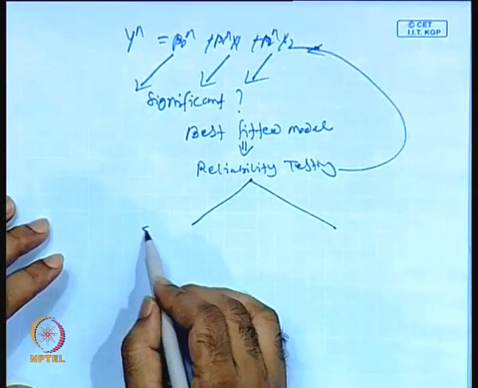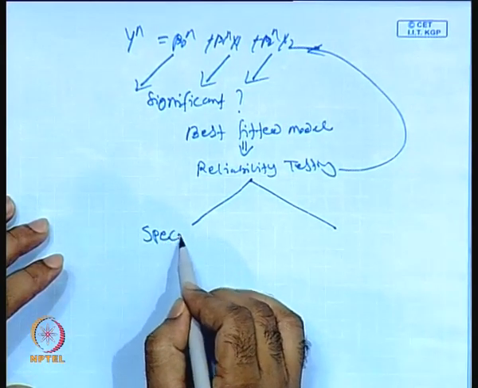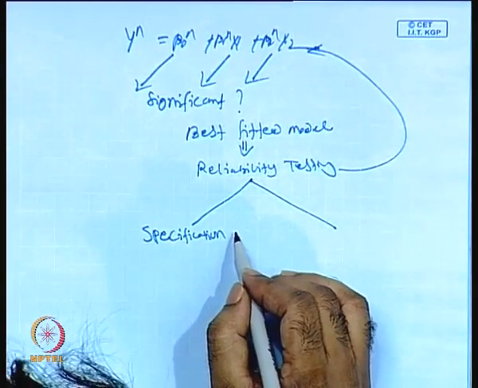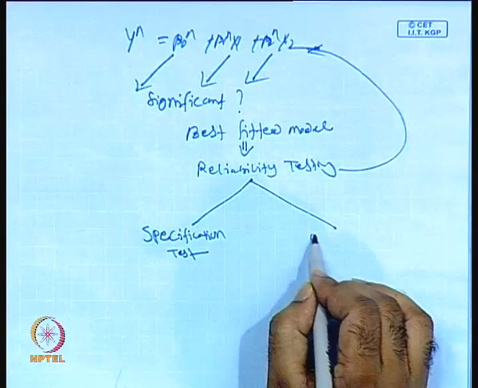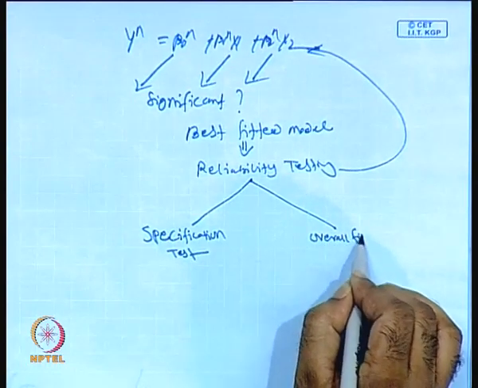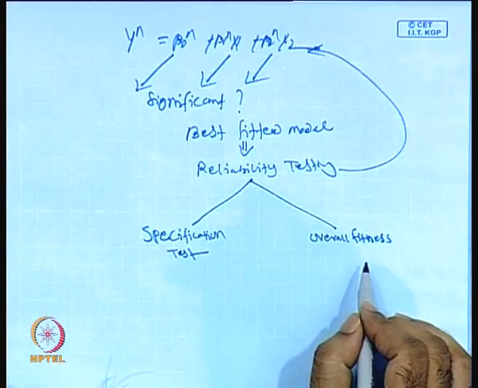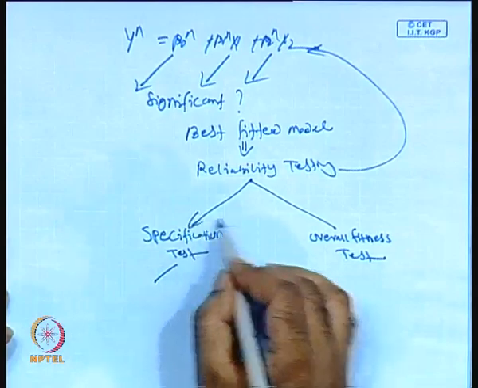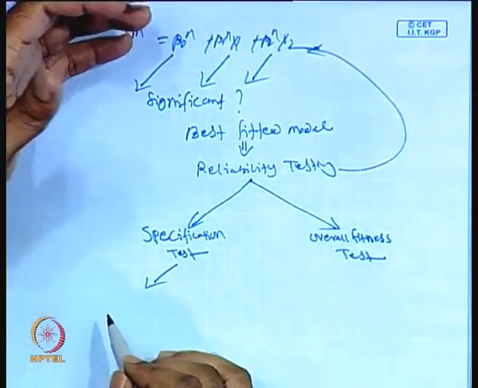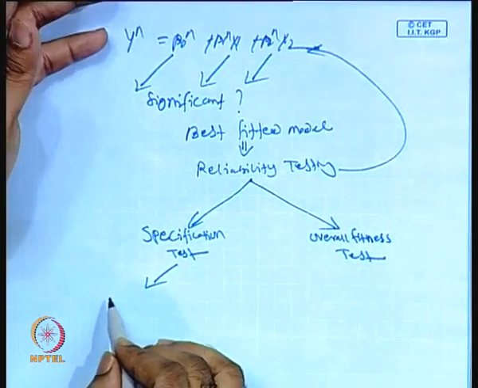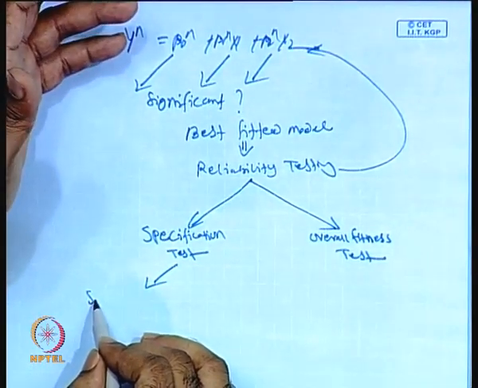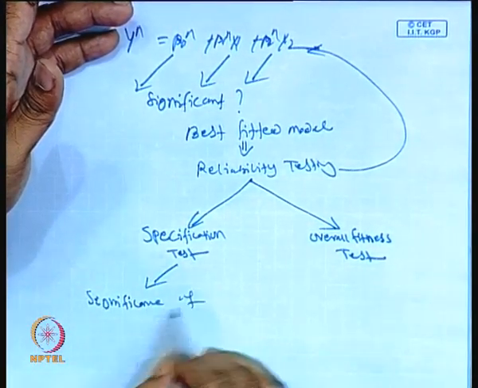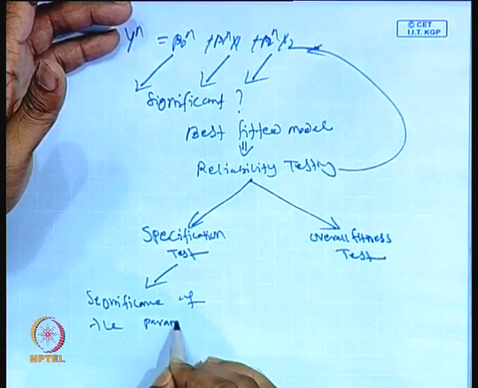One is called the specification test with respect to parameters, and another is called the overall fitness test. This specification test indicates the significance of the parameters. The objective of the specification test is to judge the significance of the parameters.